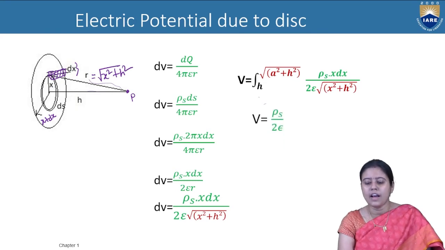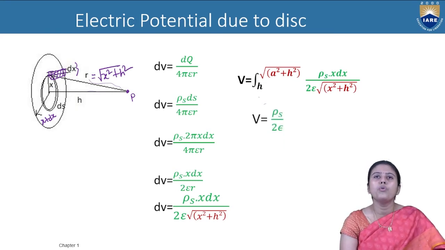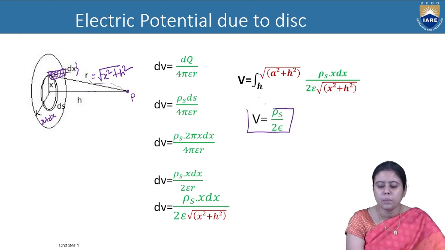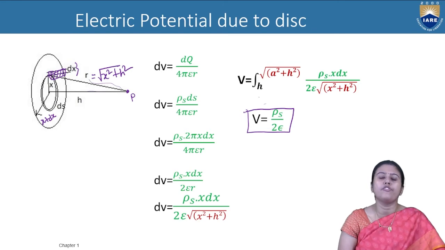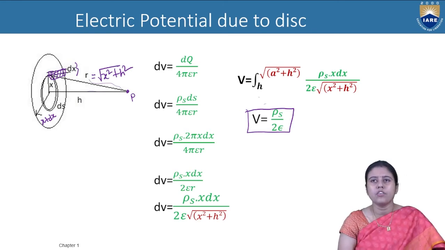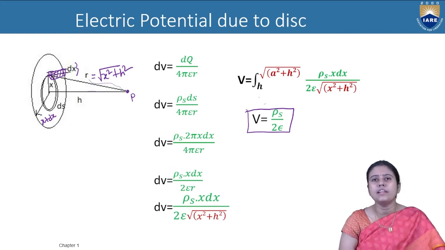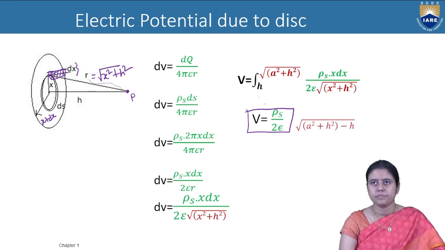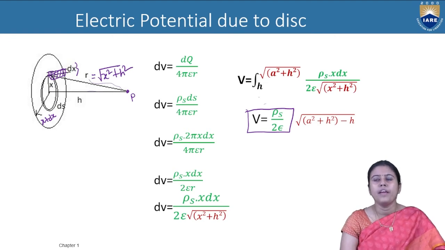After doing the integration, for a disk, V is nothing but rho s by 2 epsilon, where rho s is the surface charge density and epsilon is the permittivity of the media, into root of a square plus h square minus h.